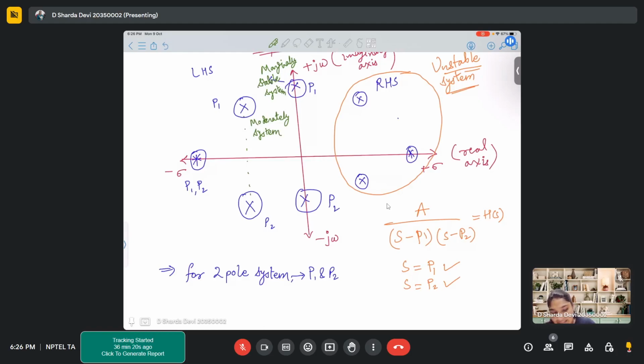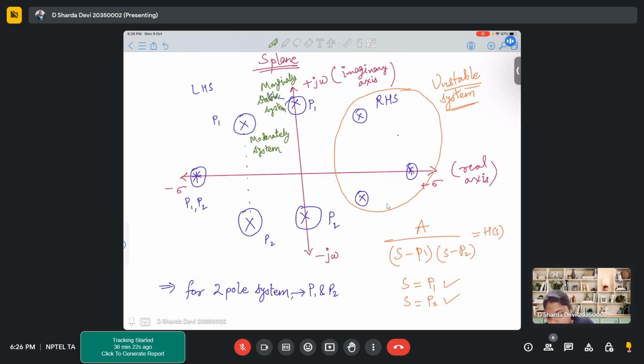And the final one, with the real poles, will give you a stable system. These are sigma plus minus j omega, and these are only plus minus j omega.